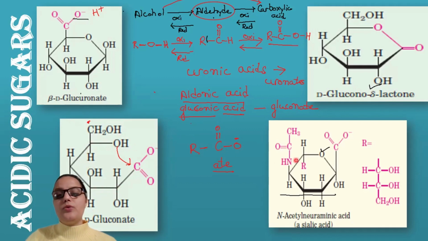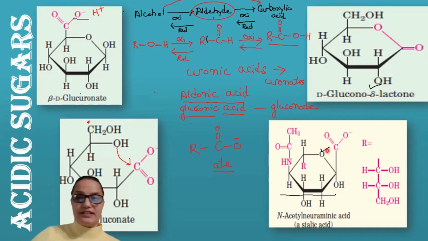But if you see this kind of derivative, which is N-acetylneuraminic acid, then you will notice that the carbon number 1 is getting modified. To this carbon number 1, an additional carbon is getting associated, which is in the form of carboxylic acid.